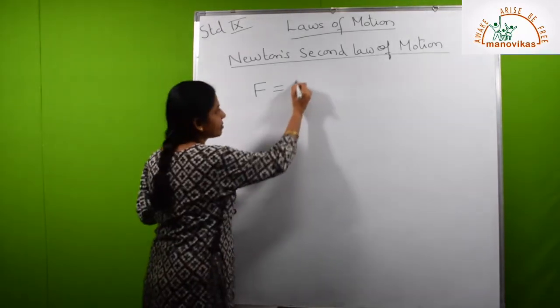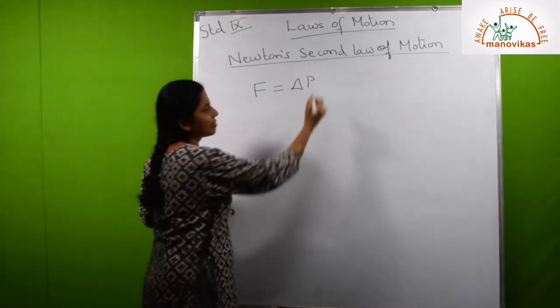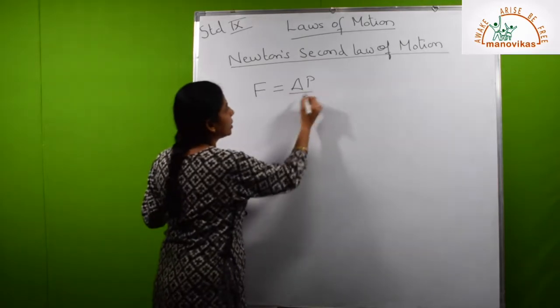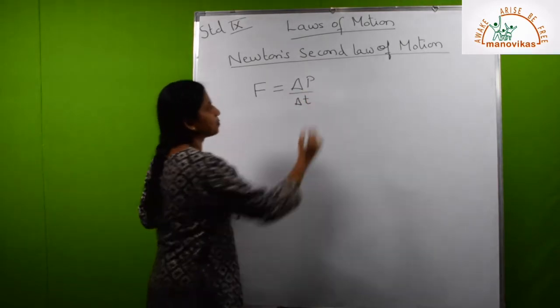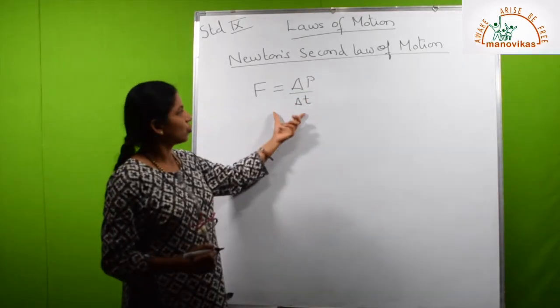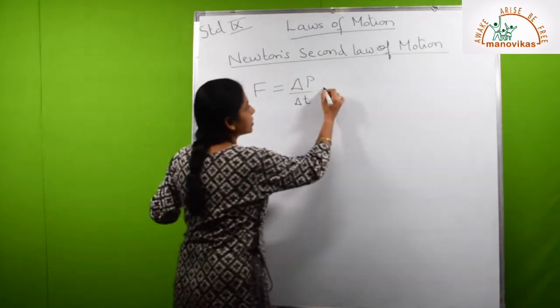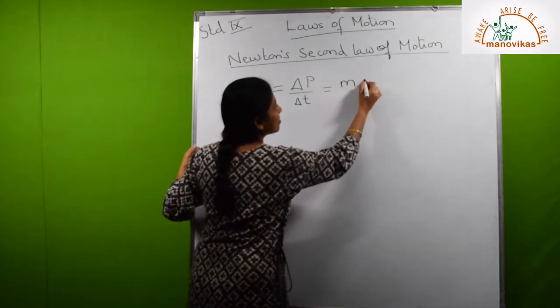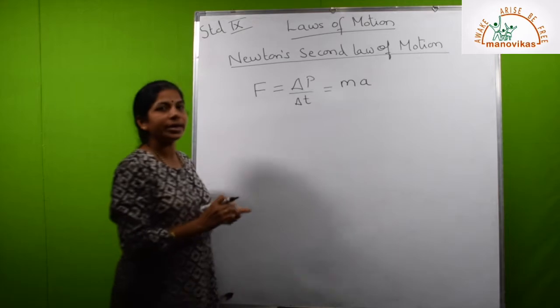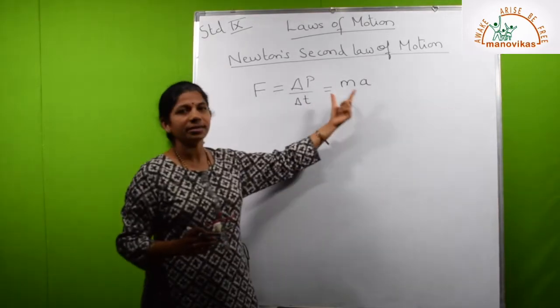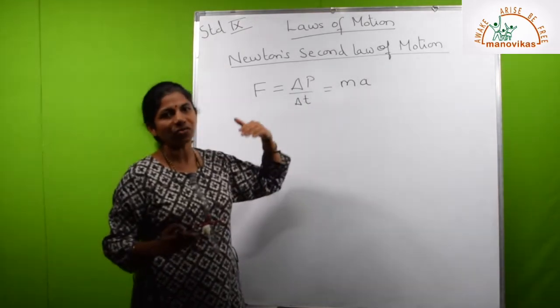So I can write it as delta P, which is change in momentum, upon delta t. Correct? So now from this expression I can further write this as F is equal to m times a, provided velocity is less than the velocity of light.